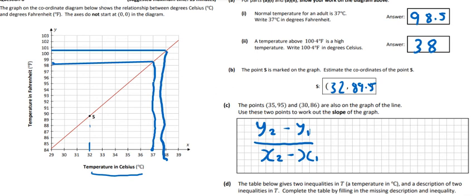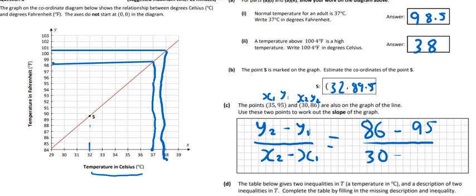So you can label them x1, y1 and x2, y2. So we're going to do 86, take away what y1 is. So y1 is 95. And then we're going to put that over x2, which is 30, and take away 35.